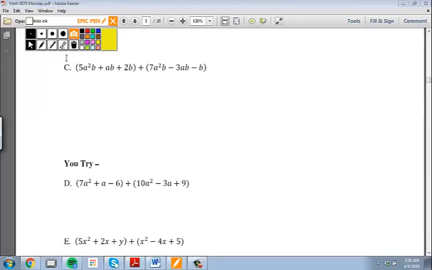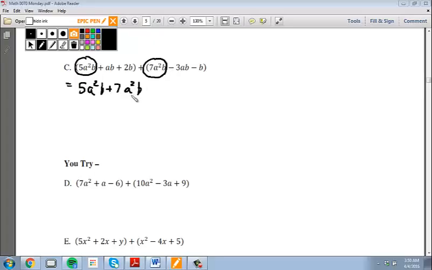5a squared b plus ab plus 2b plus 7a squared b minus 3ab minus b. So let's look for the like terms. So I see some terms that have a squared b in them. So 5a squared b plus 7a squared b will be the 12a squared b, because the 5 plus the 7 is 12.